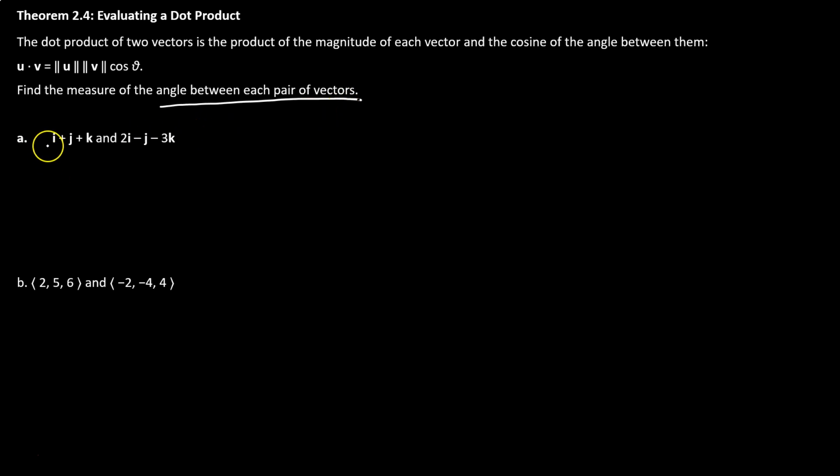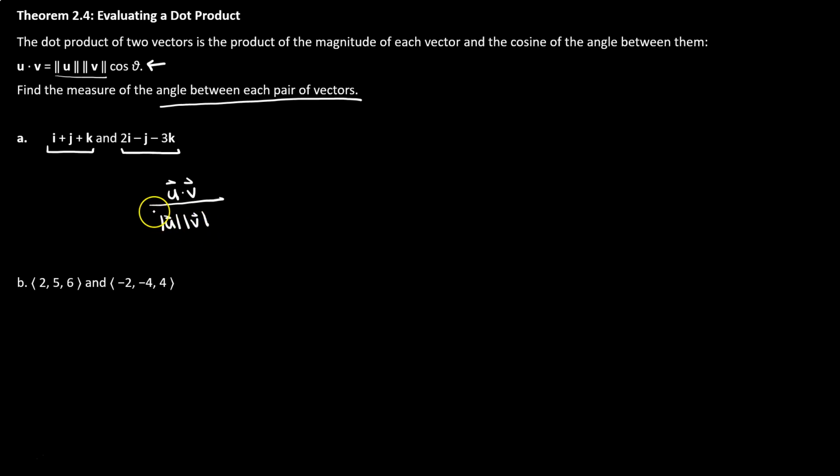Now I'm listing off two vectors. I'm using the standard unit vector notation here, and I'd like to find the angle between those two vectors. Now personally, I like to rewrite this equation so that it's already solved for theta. So to do that, I need to divide off the two magnitudes. That would leave me with u dot v divided by the magnitude of u times the magnitude of v.